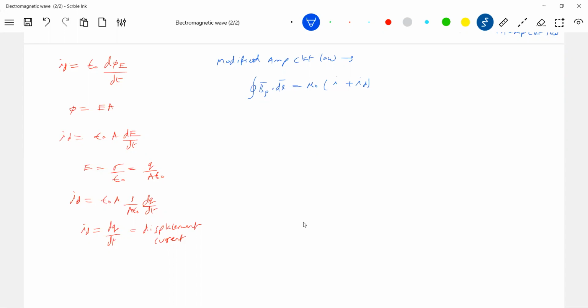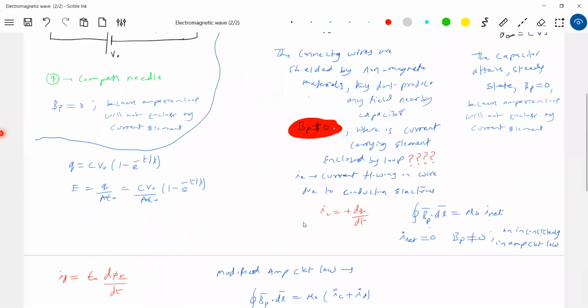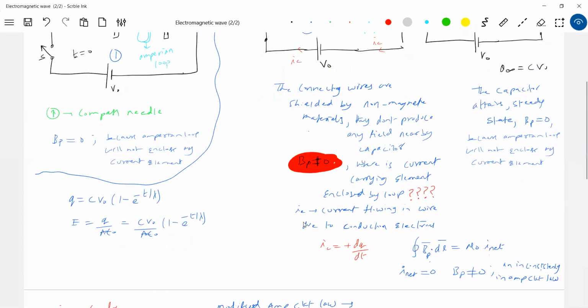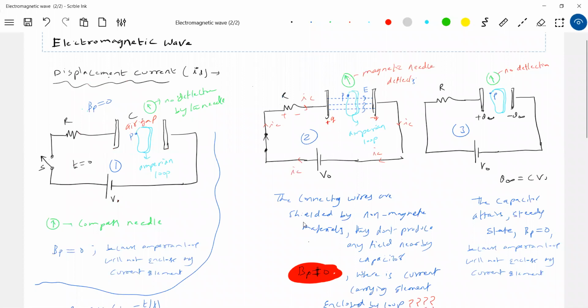Now next question comes. Can we give a suitable reason why that magnetic field is there? In fact, there is no current element, but because of displacement current the magnetic field is non-zero. So between the plates of capacitor there is a current density, or displacement current, loosely speaking.